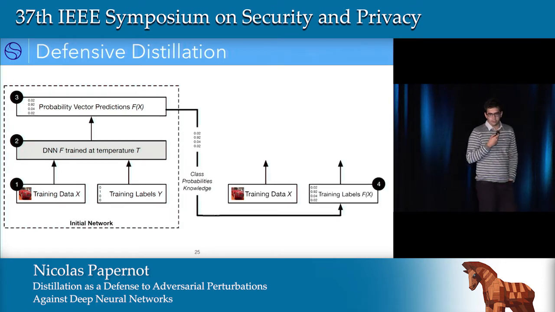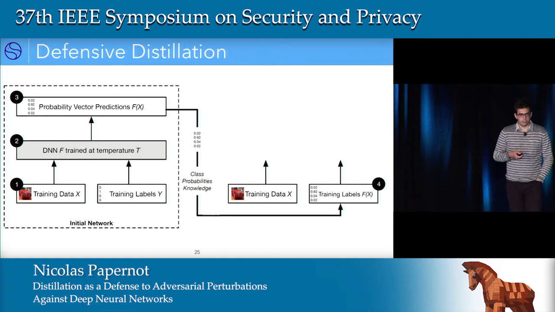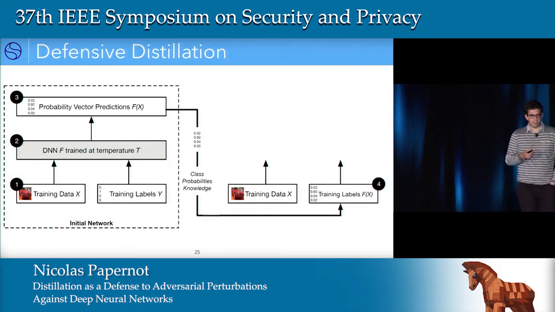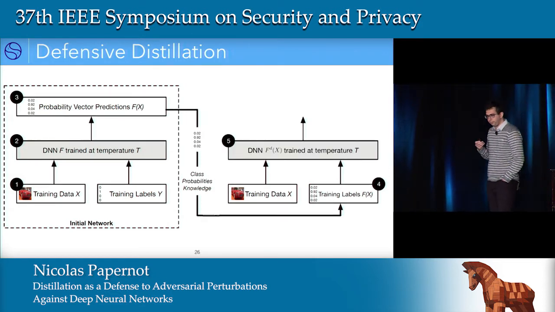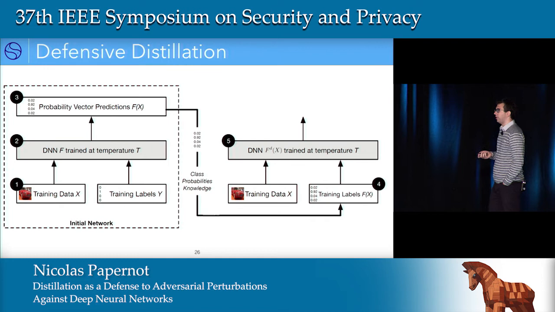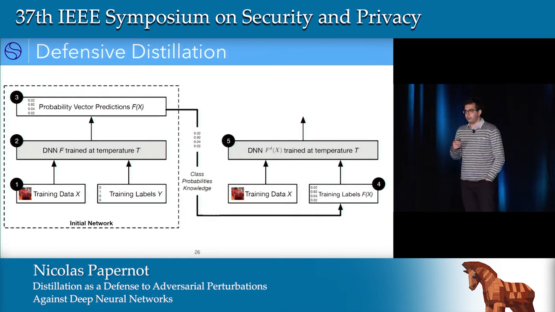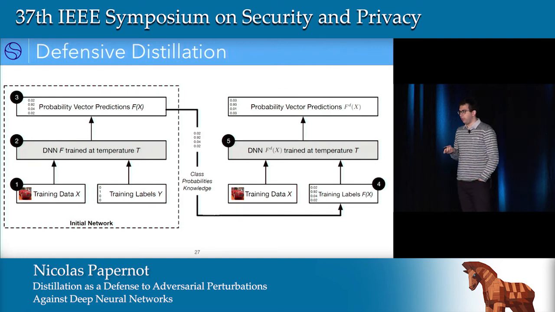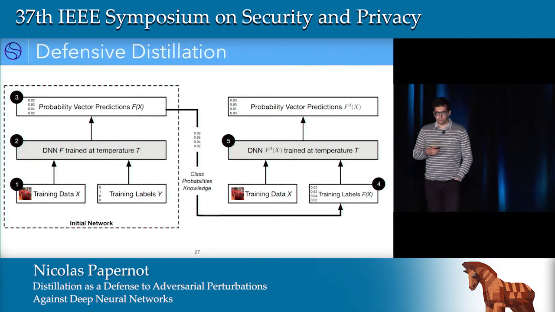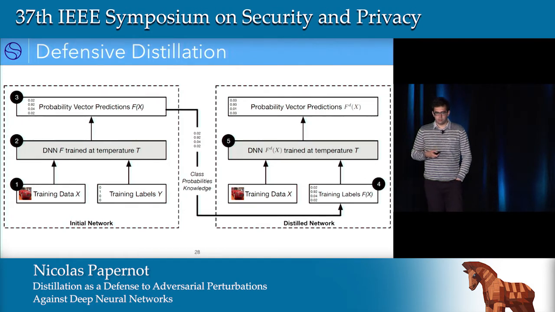You are going to then use these probability vectors to label your data. That is, you replace the labels that simply indicate the correct class with the probability vectors. You train the same architecture from scratch using this new labeled data set, and you obtain a new model, which we call the distilled model.